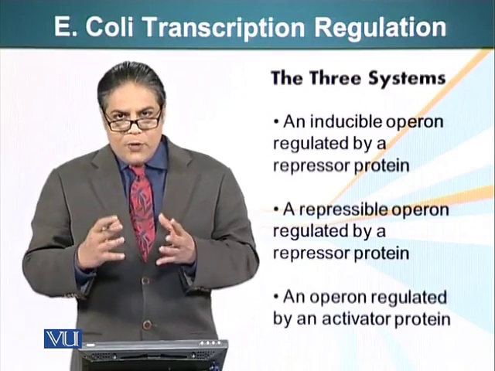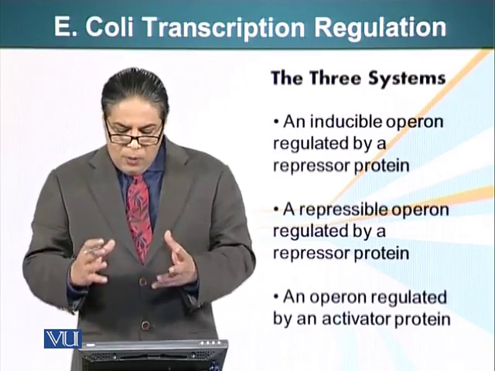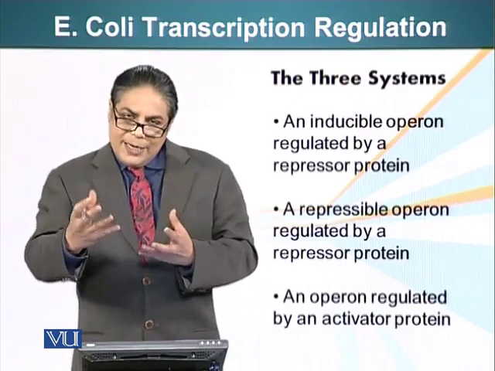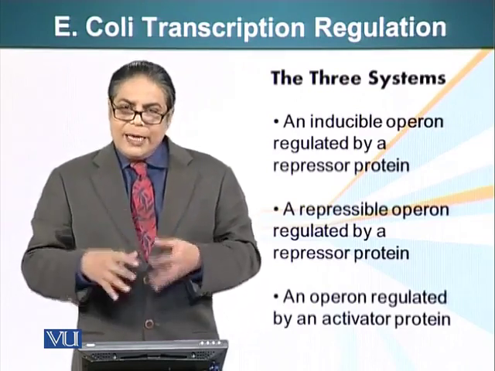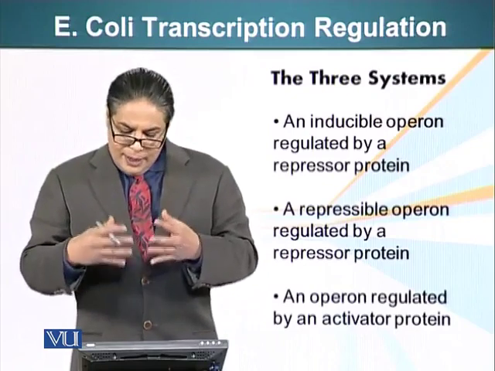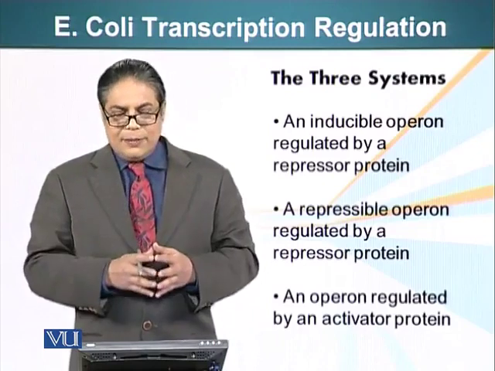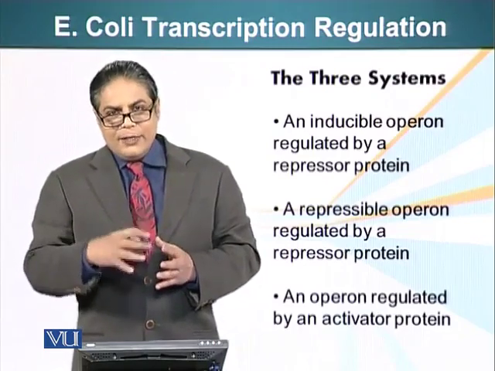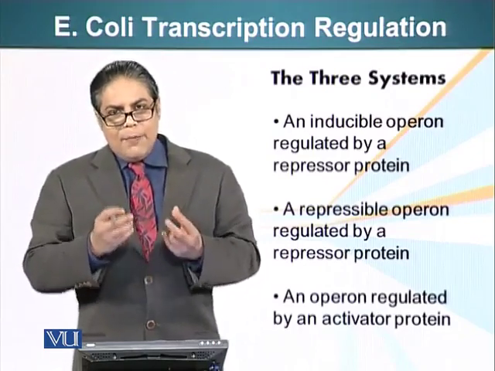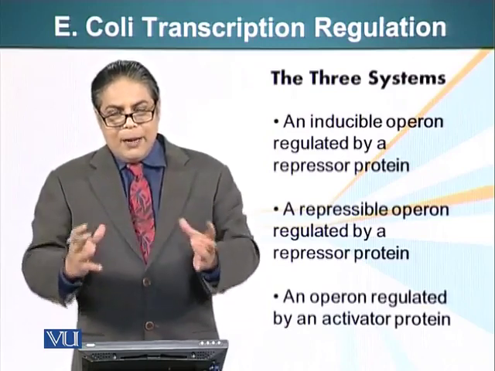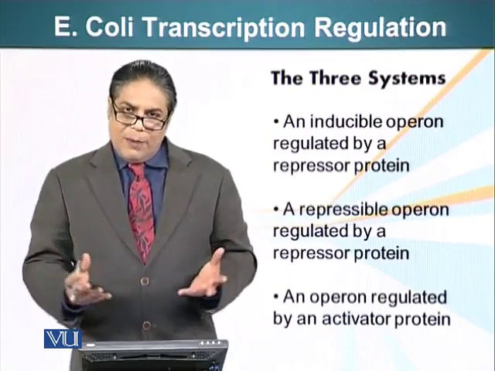And the positive control showed how a promoter's ability to recruit RNA polymerase can be enhanced by a protein acting as an activator. So we have seen 3 examples of how a small bacterium can regulate expression of its proteins depending upon its needs or environmental changes.